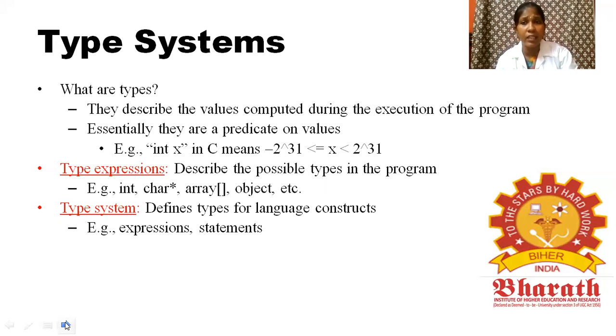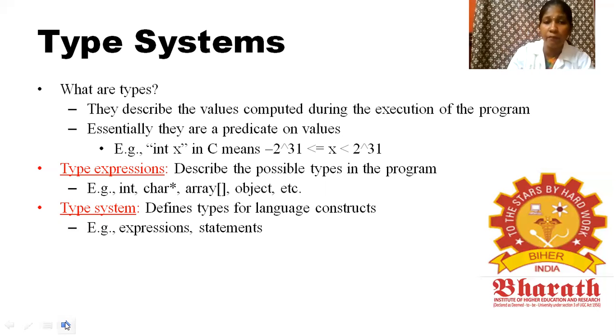Expressions are things like if, else, do, while. And statements are where we declare int A equal to 1, int B equal to 2, int array of 1, 2, 3. These are known as the statements. So the type system has expressions and also statements.